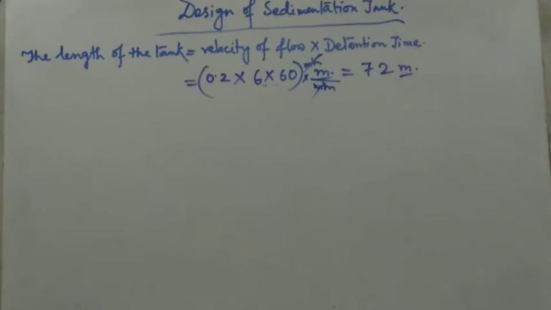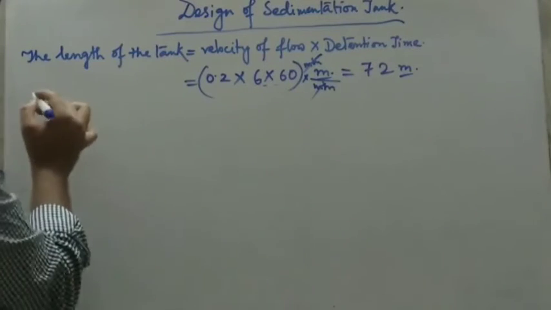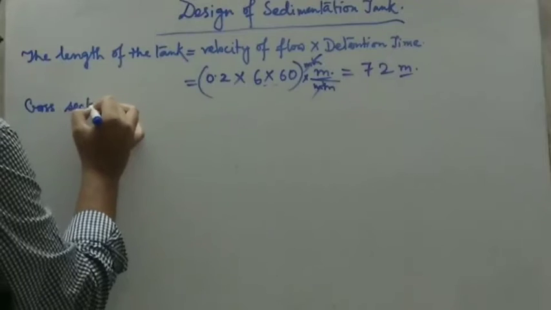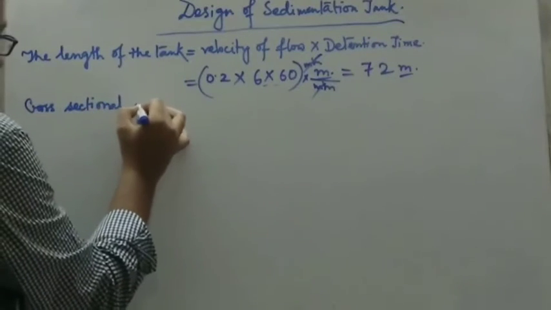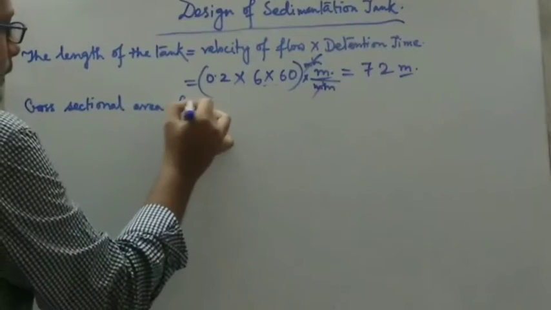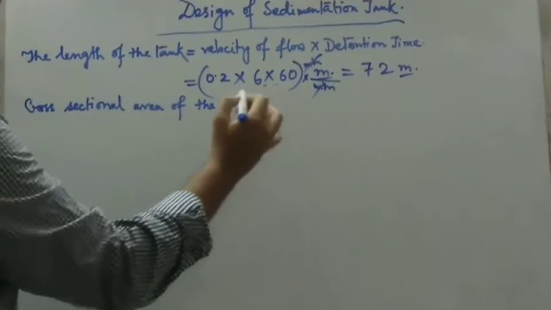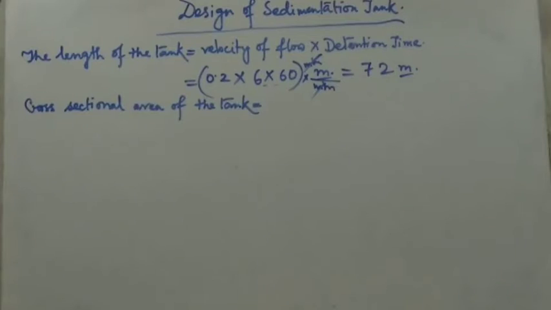So please write down, the cross-sectional area of the tank, that should be the capacity of the tank by length of the tank.